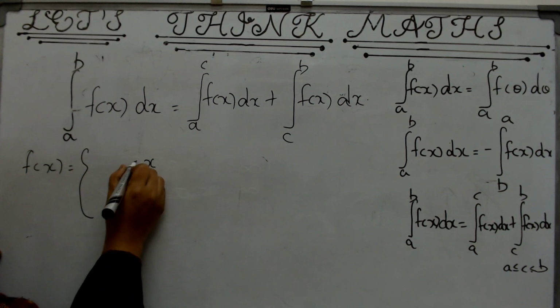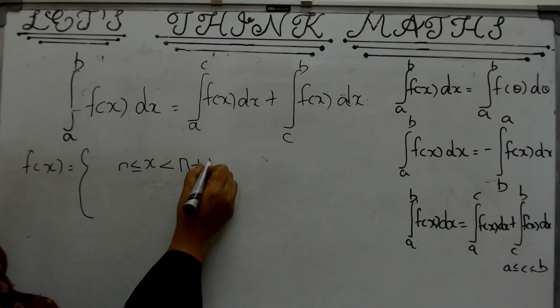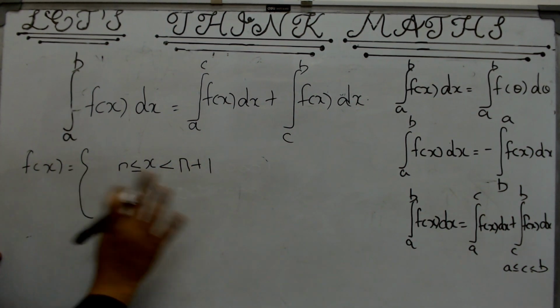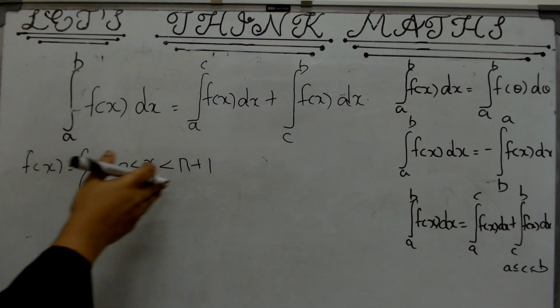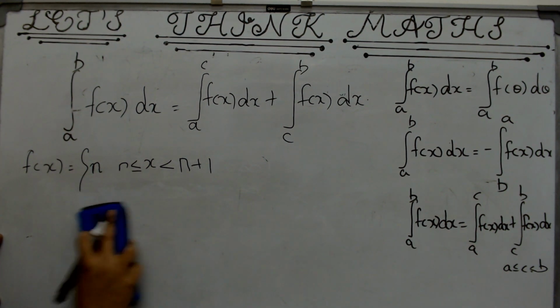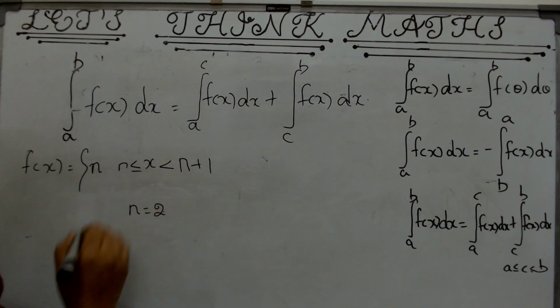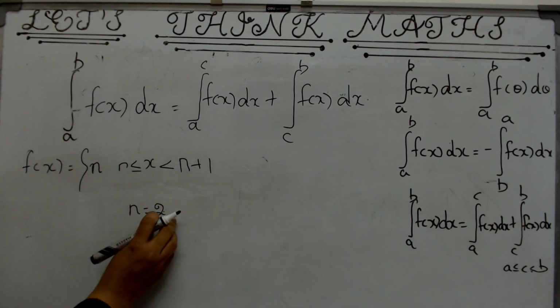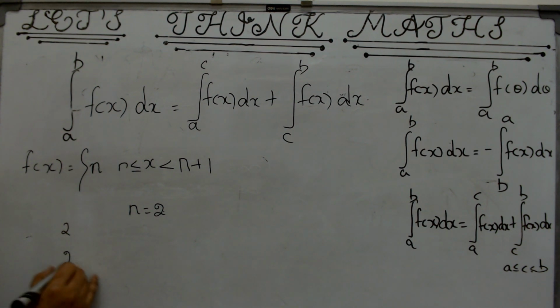If x lies in the interval n to n plus 1, where n and n plus 1 are integers, in this interval it always gets mapped to the lower limit. What does that mean? Take, randomly, n equal to 2. The greatest integer less than or equal to 2 is 2 itself.